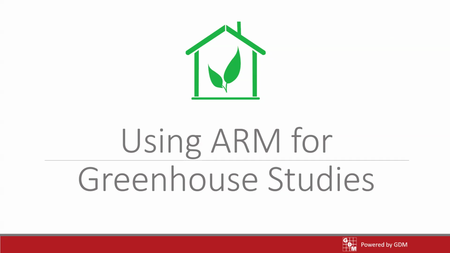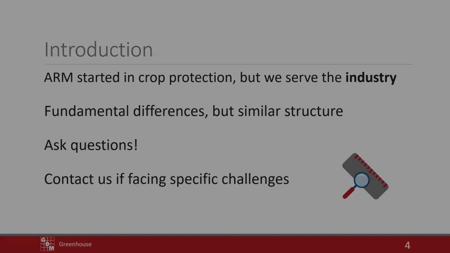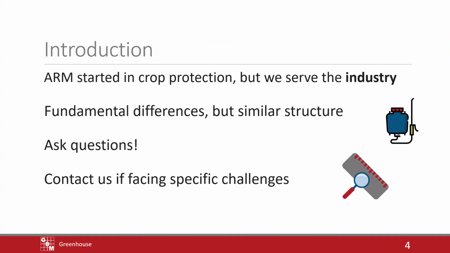We will be talking about using ARM for greenhouses, any sort of controlled environment, the various studies. As kind of an introduction, of course, most of the examples I give in a lot of our sessions are just the fungicide type of example, just because that is kind of where ARM started.